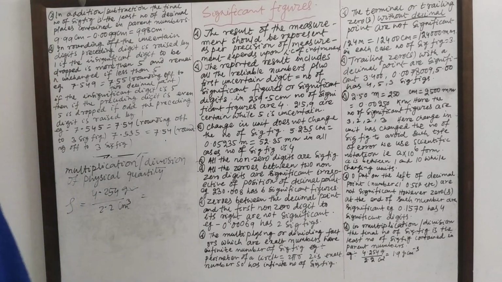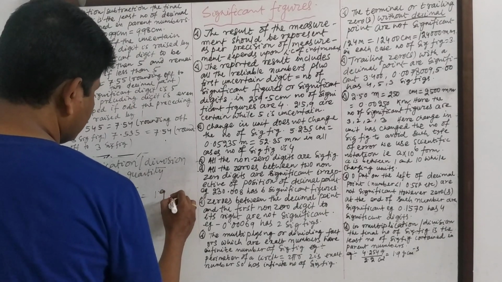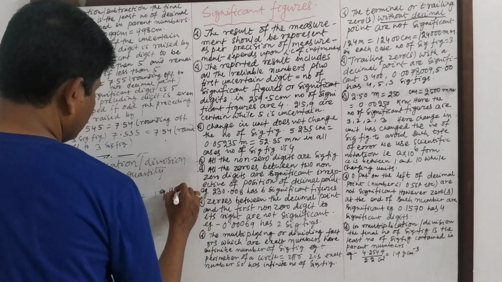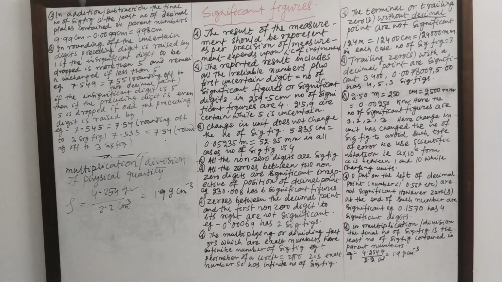It is equal to 1.9 gram per cm3. Okay, why is this so?